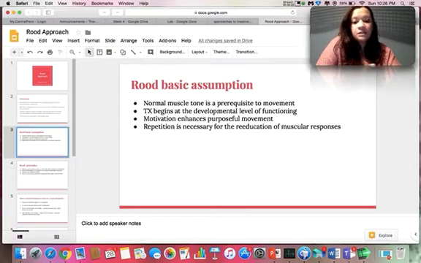So, the basic assumptions with the Rood approach. First, normal muscle tone is a prerequisite to movement. It's necessary. Patients with CNS dysfunction experience changes in muscle tone, like the hyper- or hypotonicity we just talked about, and this abnormal tone is going to interfere with movement. This approach recognizes that muscles have different duties: some of the work is heavy work, and some of it is light work.